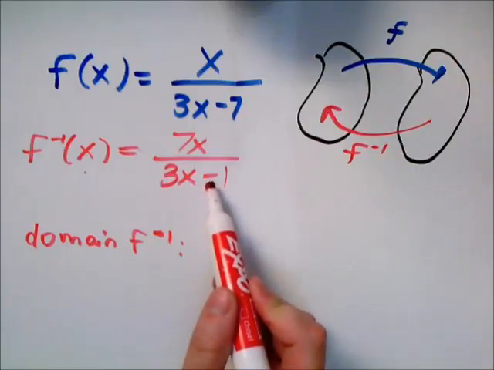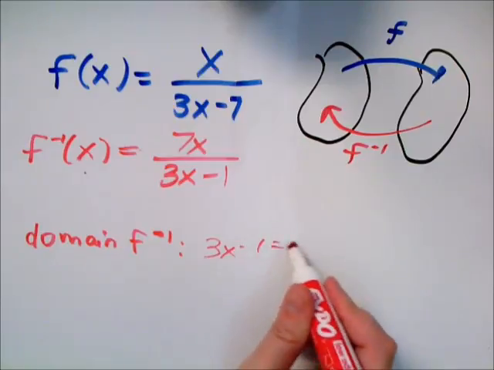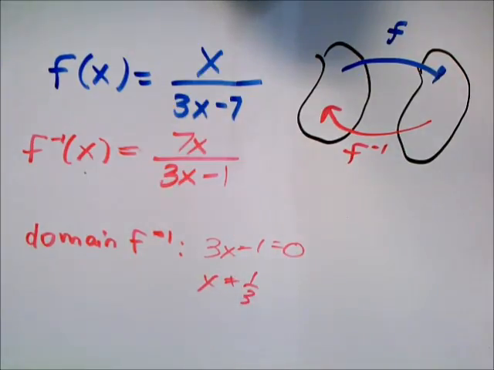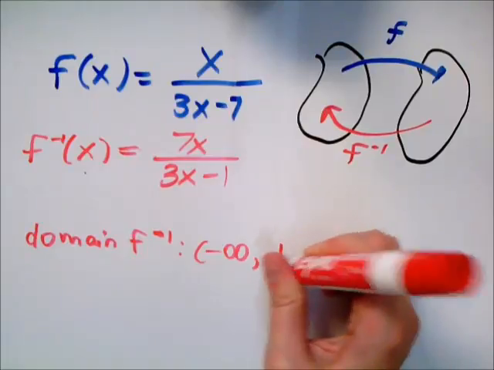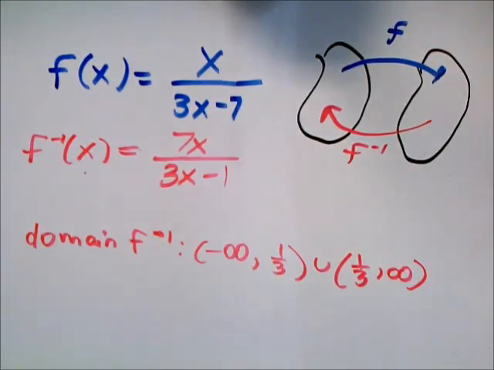It looks like anything except for what would make the denominator 0. So add 1, divide by 3, so it looks like 1/3 is the only number I can't use. So the domain is anything except for 1/3. So negative infinity up to 1/3, skip over 1/3. So anything but 1/3.